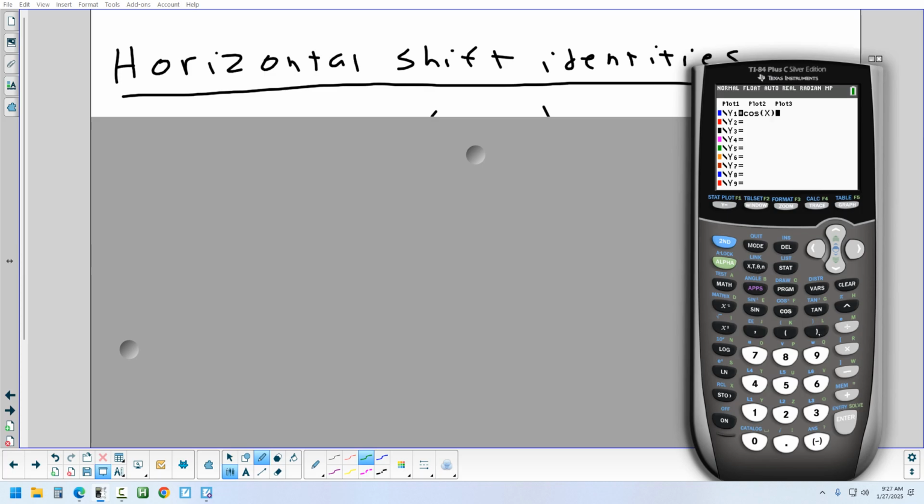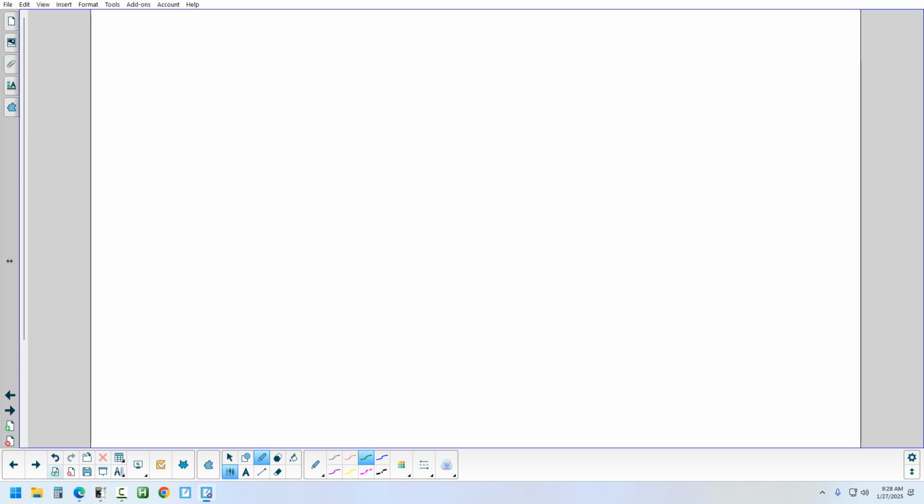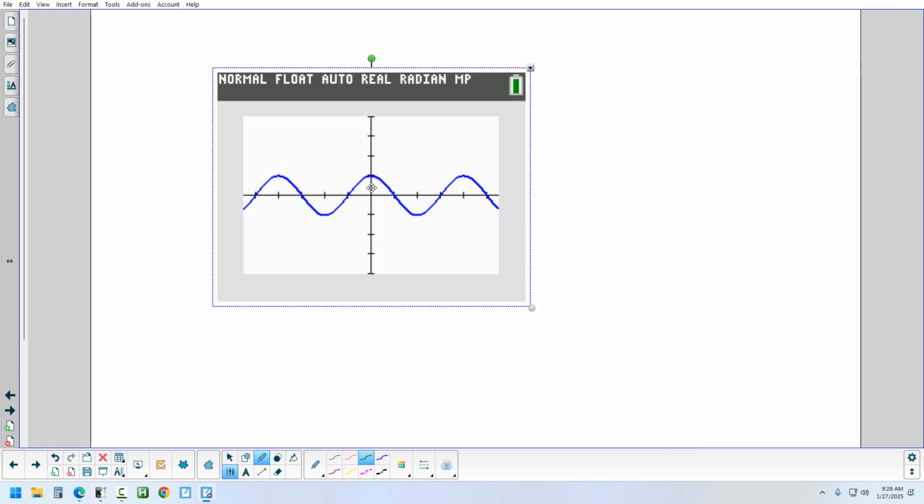And I'm going to do zoom 7. If you want to think of that in terms of sine, it's a horizontal shift of sine. So that's cosine. Let me trace it.